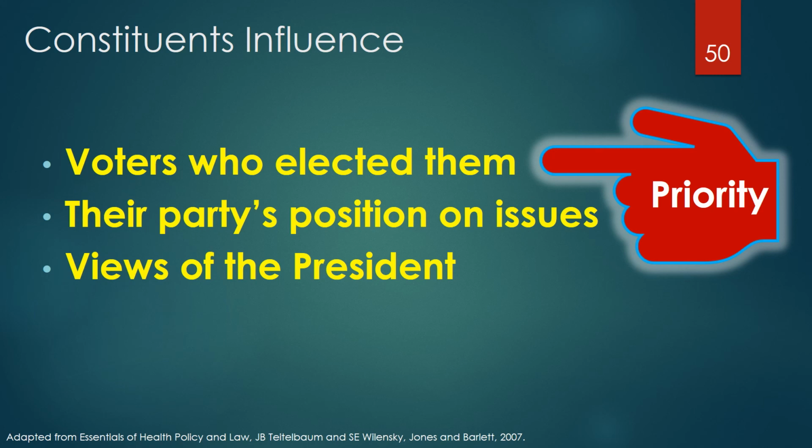The voters who elect members generally have the greatest influence. Congressional members often prioritize their home constituents, which often improves their approval ratings. High approval ratings deter challengers.